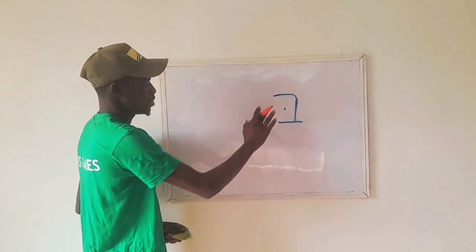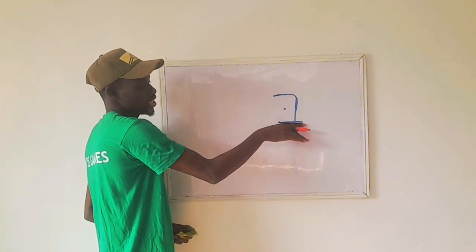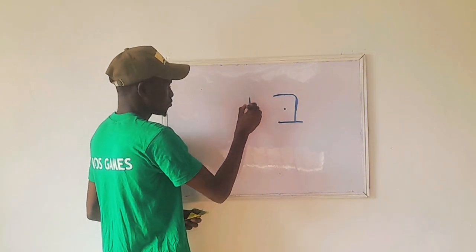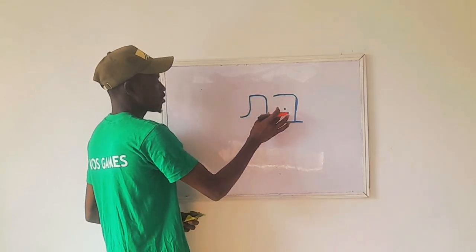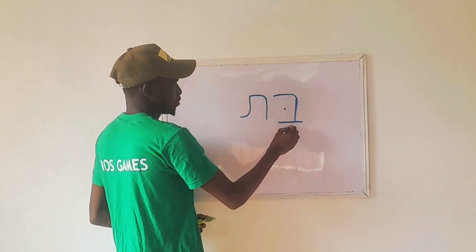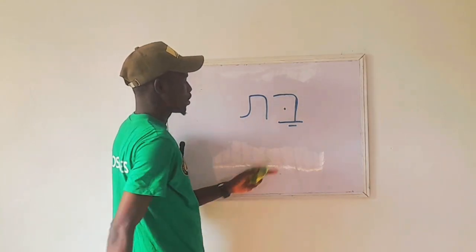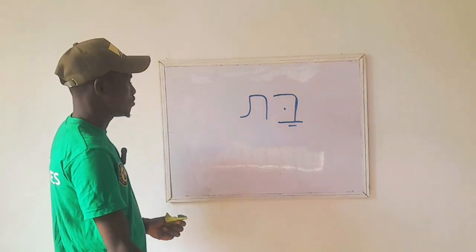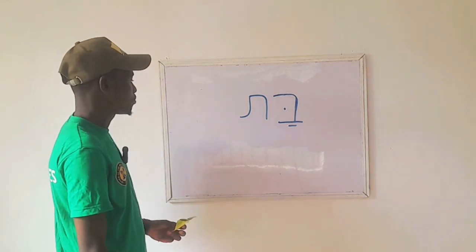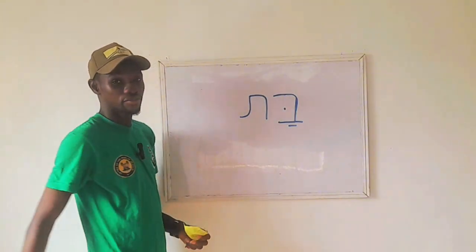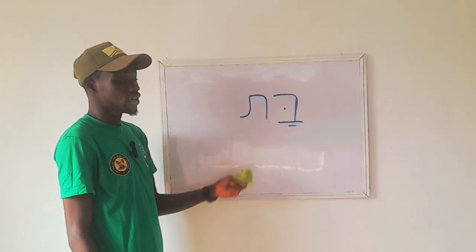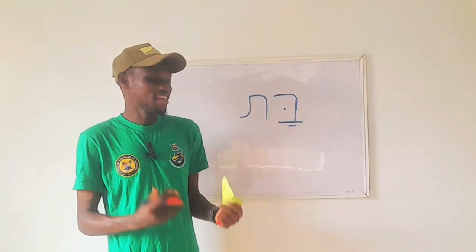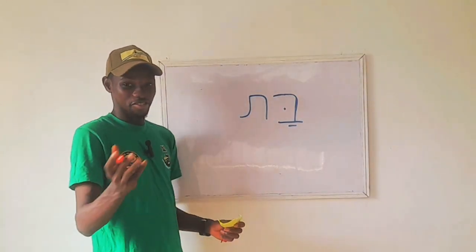Pay attention to my bet, no matter how it's written, there's a line coming out at the back here. We put our second letter and our last letter, and then we put this particular short A vowel. Can you try to pronounce it? Okay, let me agree you have pronounced it.